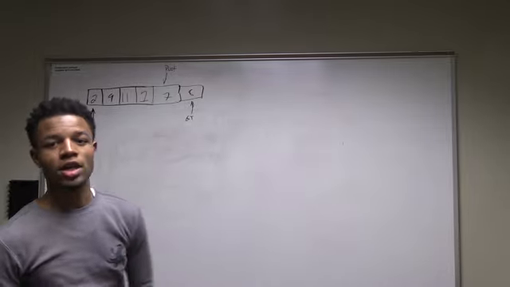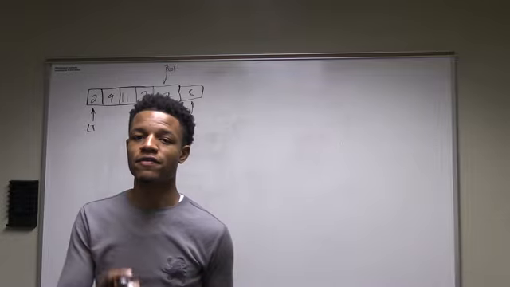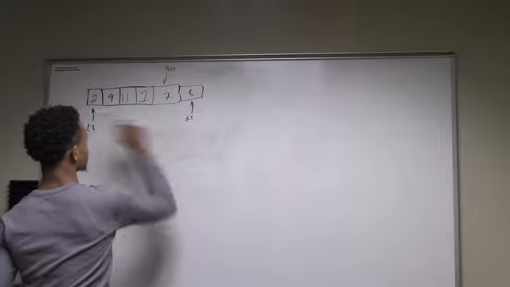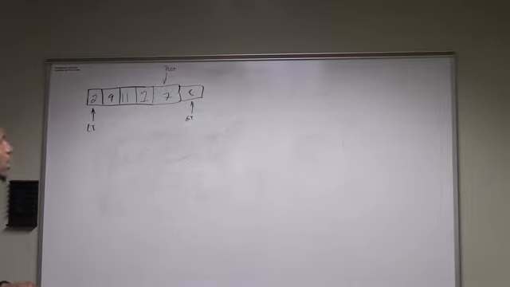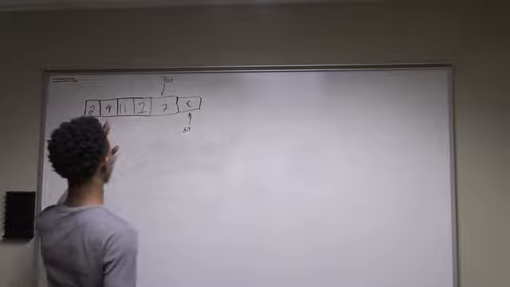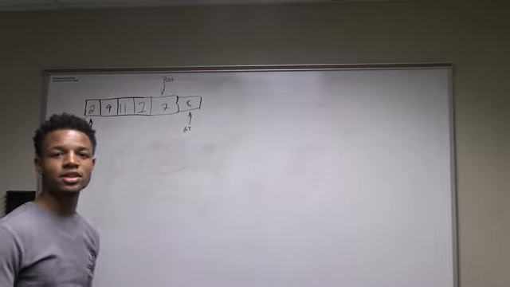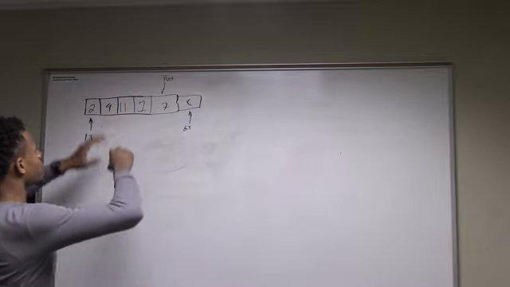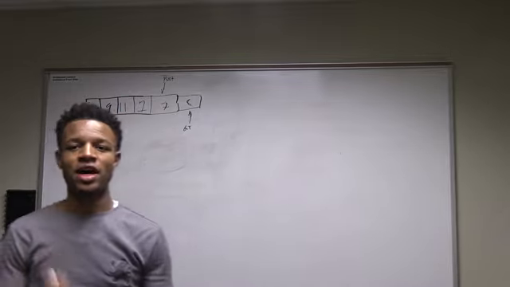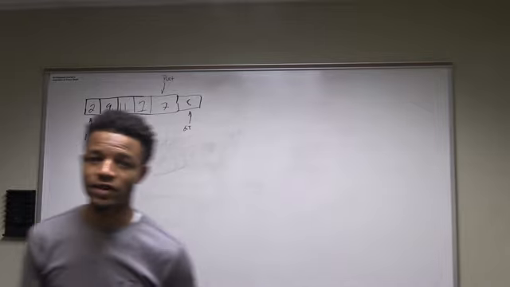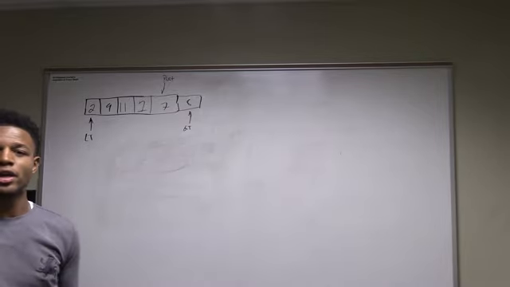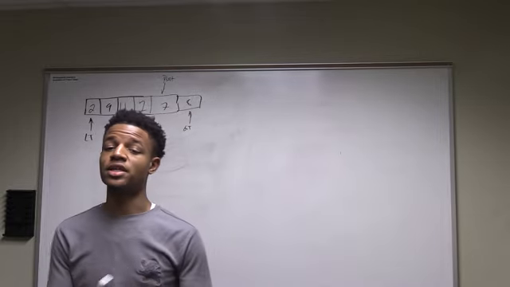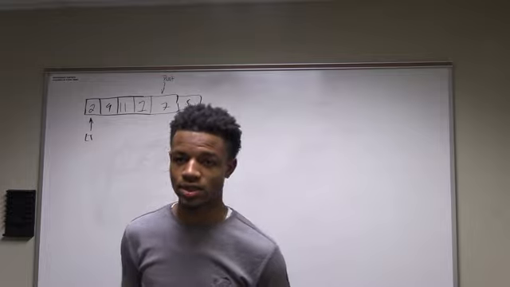What quicksort does is it chooses a pivot, being a random number in this array, then partitions the array where the left side of the pivot has values less than the pivot, and the right side of the pivot has values greater than the pivot. And then from there, it recursively calls itself until it is sorted.